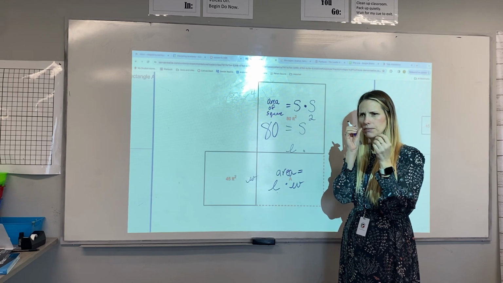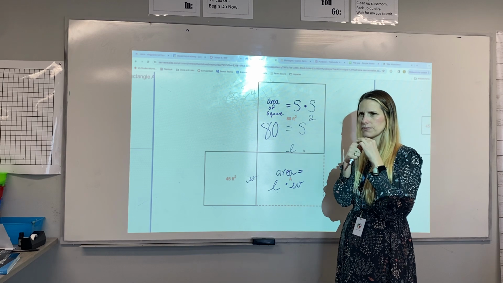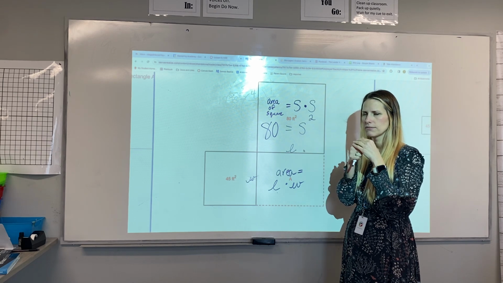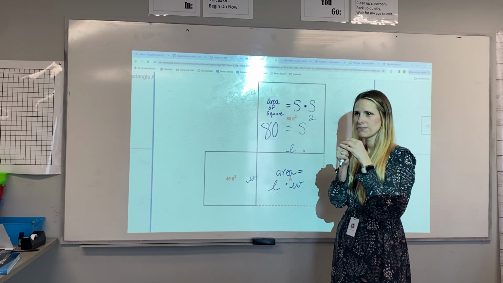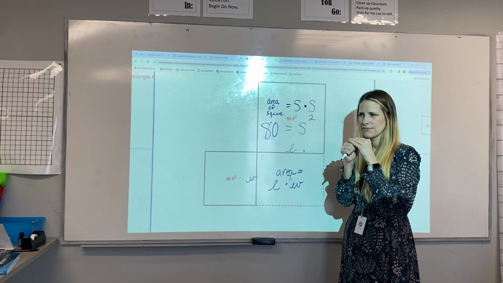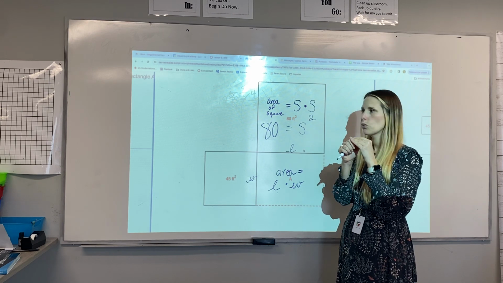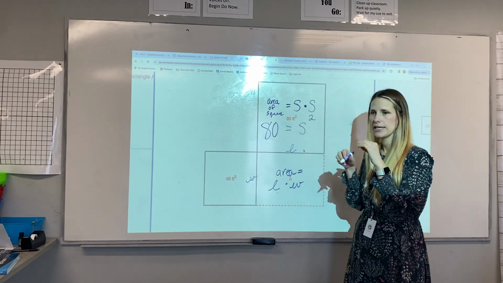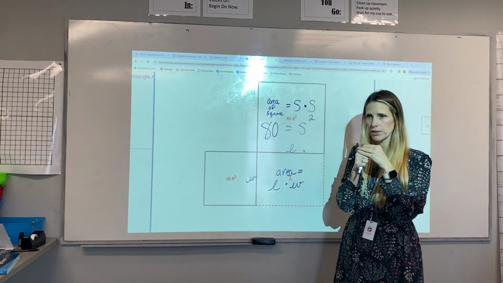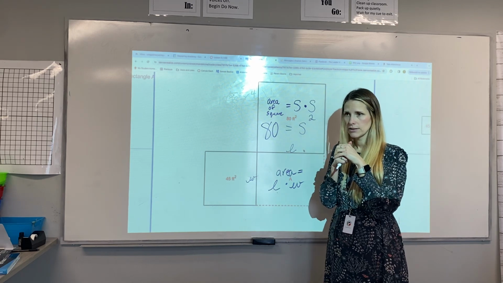What is it? 10 times 10 is 100. 20 times 20 is 400. Remember, we have to have a number times itself to be 80.